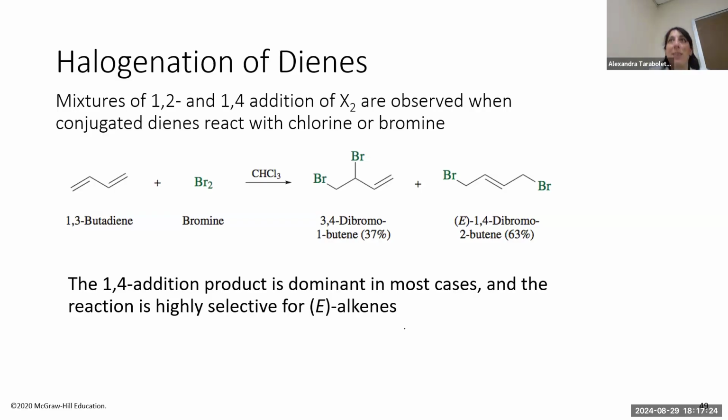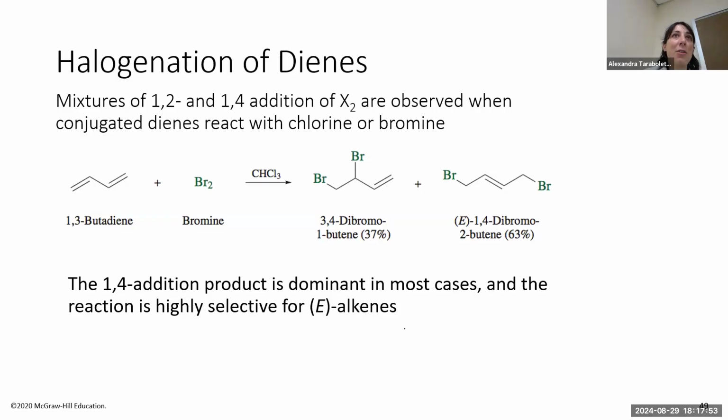That's because there is a two-step process during the addition, and if you have a diene, same concept, except now we're adding two halogens instead of a hydrogen and a halogen. So you also get 1-2 and 1-4 mixtures here. In this case, for halogenation, the 1-4 product is also dominant in most cases.